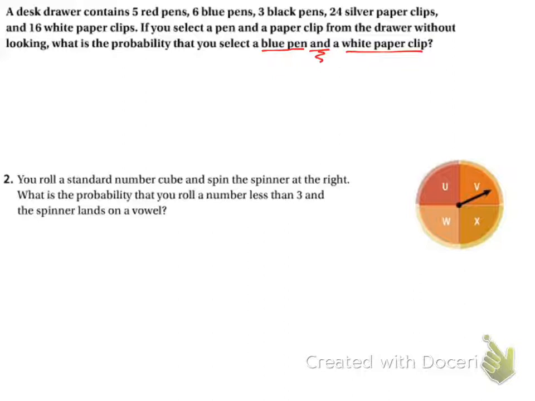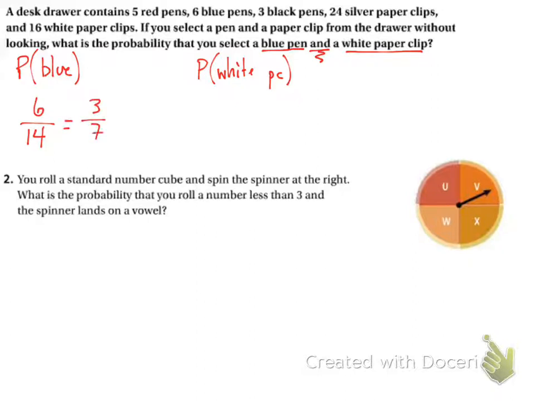So I'm going to use my AND equation. I'm going to find the probability of drawing a blue pen, and then I can also find the probability of drawing a white paper clip. When I find the probability of drawing a blue pen, there's 14 total pens, so I know my bottom will be 14, and there's 6 blue pens, so I'll have a 6 on the top, which reduces down to 3/7.